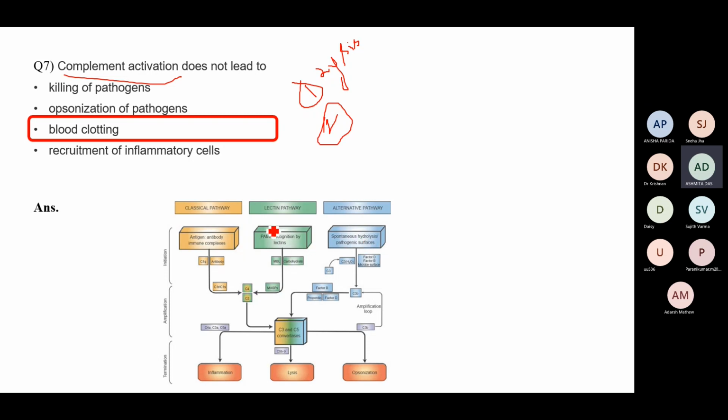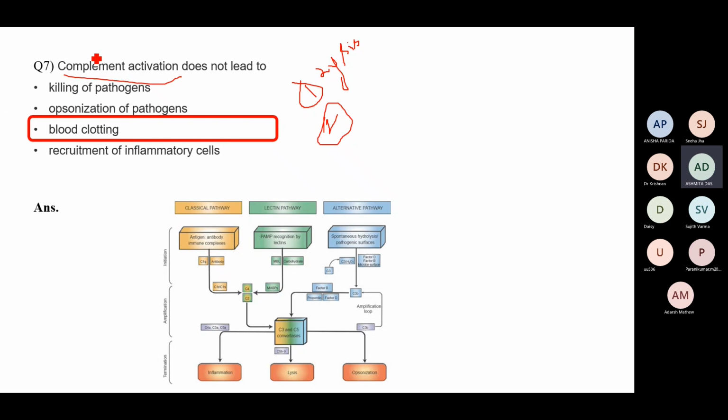The third one is the lectin pathway. It is an antibody independent pathway but is quite similar to the classical pathway. So these are the three effects. According to the study, blood clotting is not related to the complement activation pathway. So I'm not going to discuss the entire process.